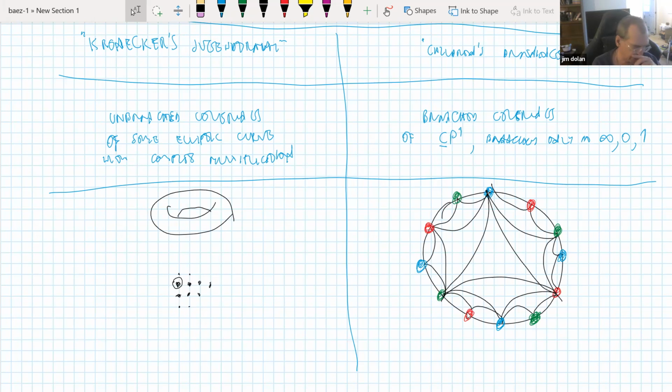So in other words, if the child's drawing is fixed under this action, that doesn't necessarily mean that you should think of it as acting by the identity morphism. It may be that you should think of it as acting by some other automorphism.